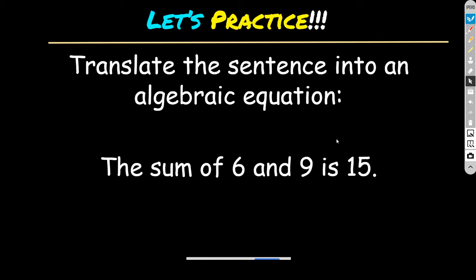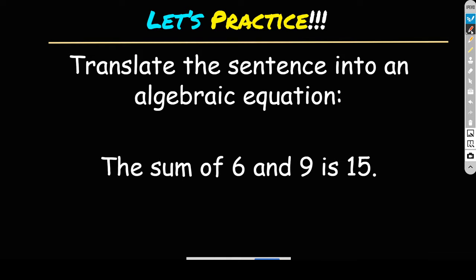So let's practice. Translate this sentence into an algebraic equation. The sum of 6 and 9 is 15. Look at our key word first, since we're talking about equals. Is is one of those words we can translate into an equal sign. Obviously, we're going to keep our numbers the same.